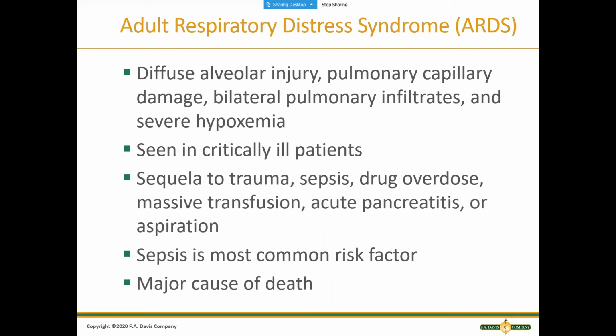Again, this mentions trauma. Trauma patients are very high risk for ARDS. Sepsis, though, I would say is the leading cause. Drug overdose patients, massive transfusions. That's talking about a blood transfusion. And why do you suppose that is?